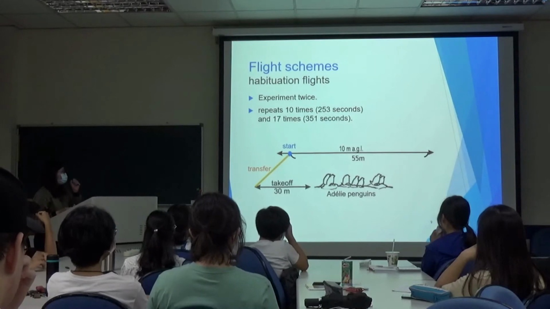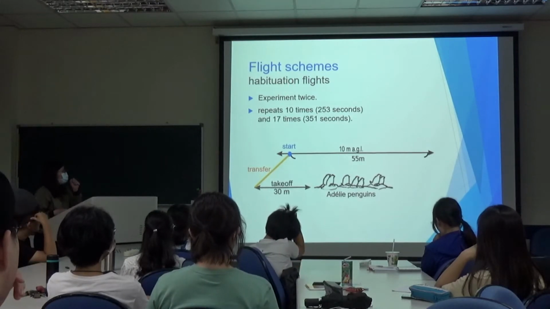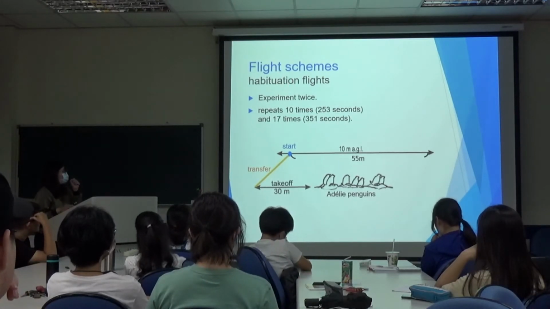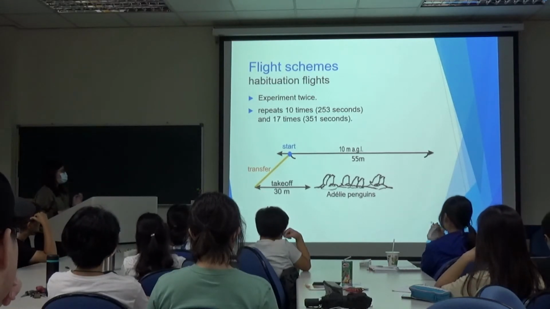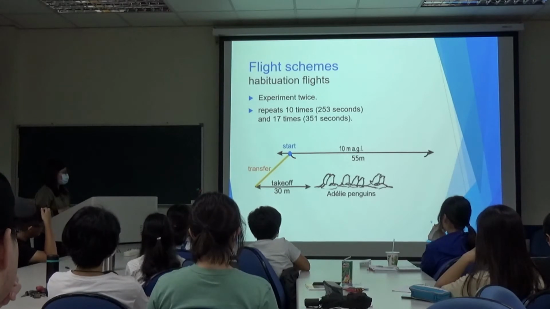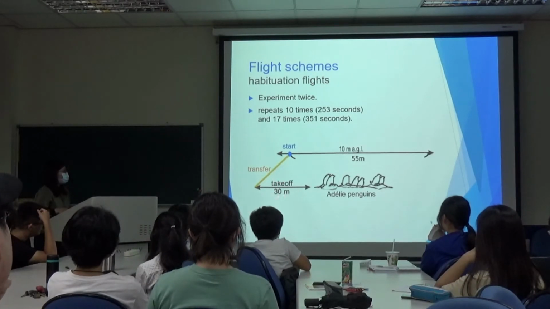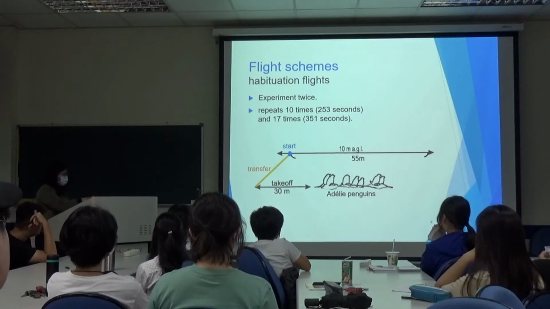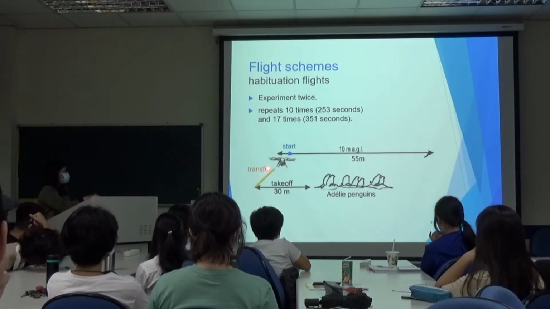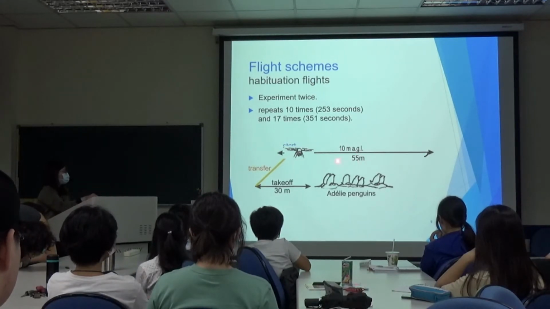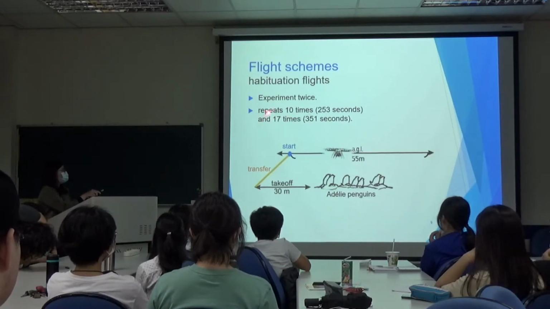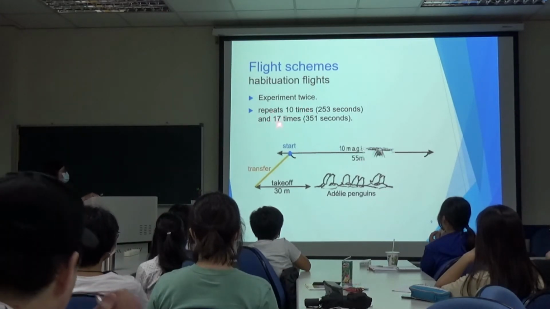In the first flight scheme, habituation flight, the experiment was done twice. Before the experiments, the UAV takes off 30 meters away from the penguins and flies through the transfer to a start point. The UAV then flies 50 meters at 10 meters AGL, repeated 10 times and 17 times.